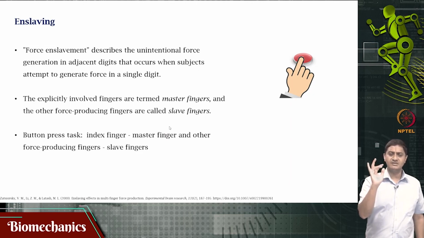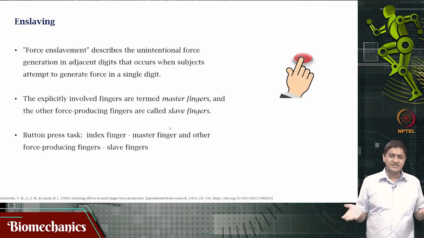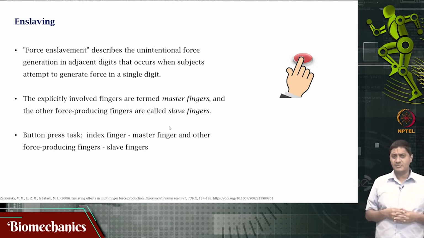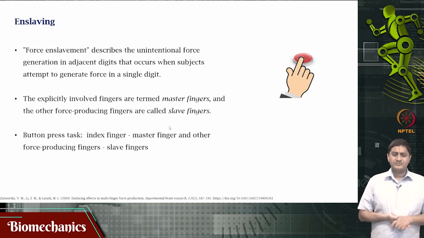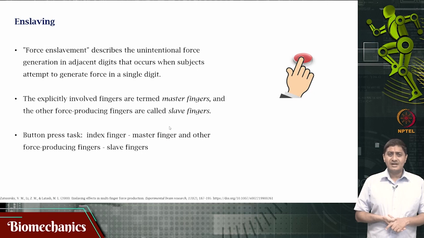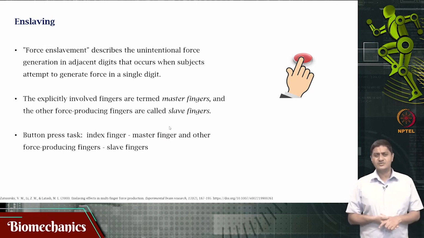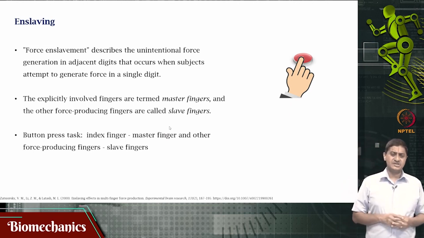When I move the ring finger with no explicit instruction to the other fingers, what happens is that the other fingers are also moving at least slightly. Now, this is some unwanted or unintended movement. A question is, what is the source of this lack of finger individuation or finger enslavement?